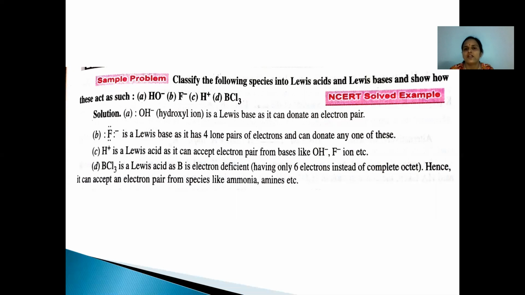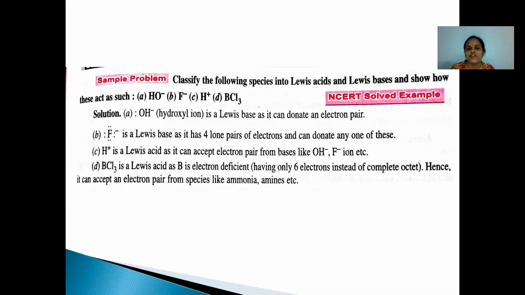So keep in mind, Lewis acids are electron deficient in nature, and Lewis bases can donate an electron pair. They are electron donors. Because of the presence of either a negative charge on them, or at least one lone pair of electrons on them, they come under Lewis bases.